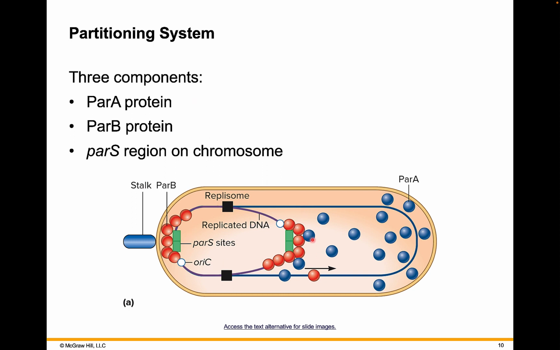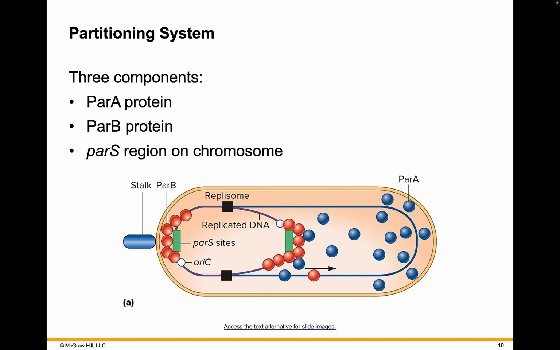So how does this partitioning system of the chromosome work? It works with a number of different proteins called the partition proteins: ParA, ParB, and ParS, which is a region near the origin of the chromosome. You can see the two chromosomes that are now being replicated.